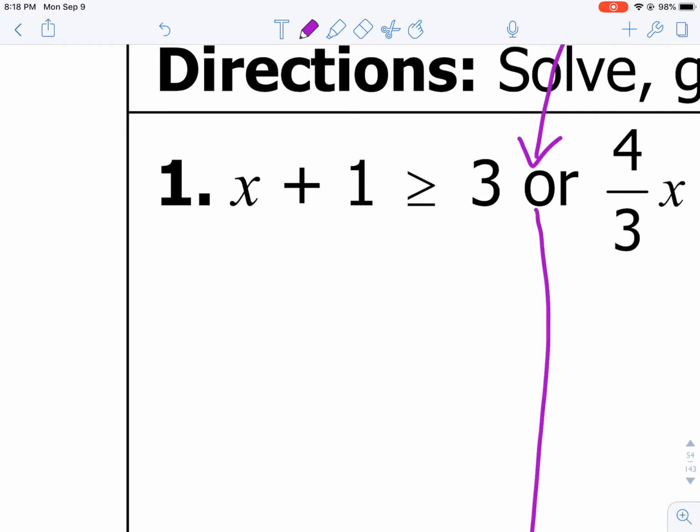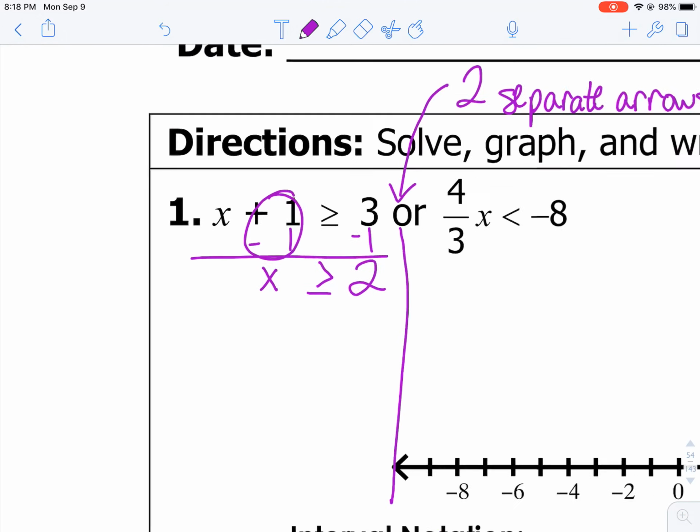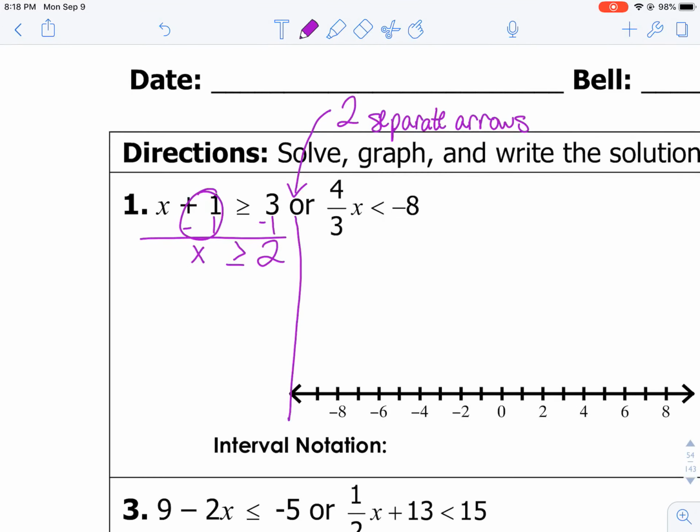I need to do the inverse of plus 1, which is minus 1. So I create a 0, and I can say x is greater than or equal to 3 minus 1, which is 2. I can go ahead and graph that. 2 is going to be a closed dot because it is or equal to, and my arrow is going to point to the right because it's greater than.